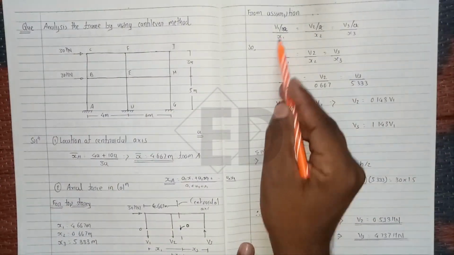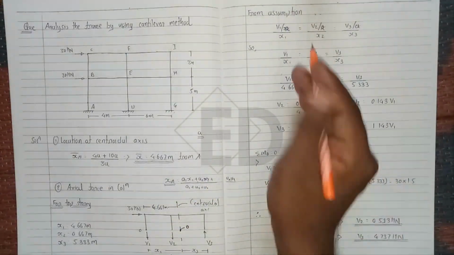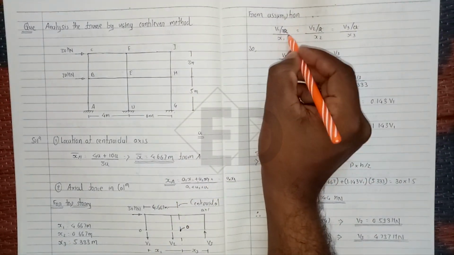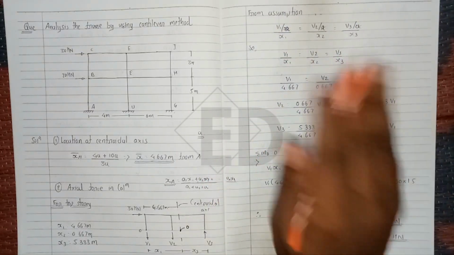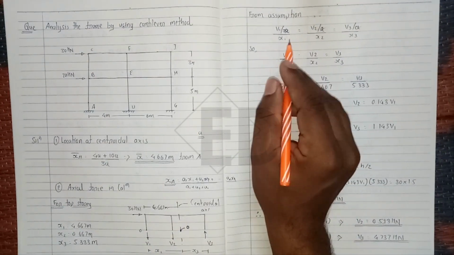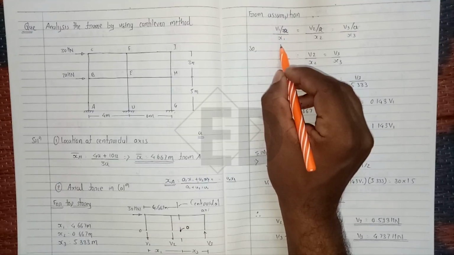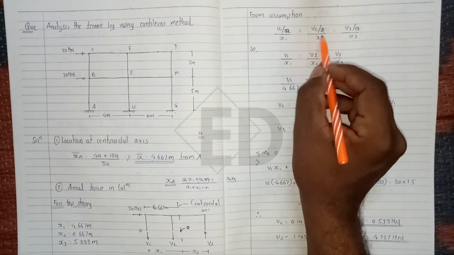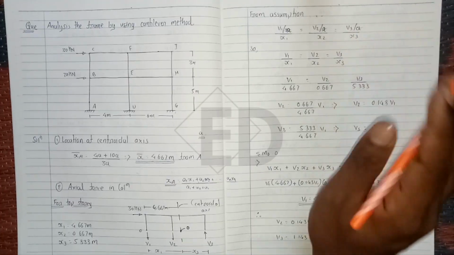So V is the axial force in the column and A is the area, hence V by A is the stress, and the stress is directly proportional to its distance from the centroidal axis. Hence V1 by A upon x1 equals V2 by A upon x2 equals V3 by A upon x3.